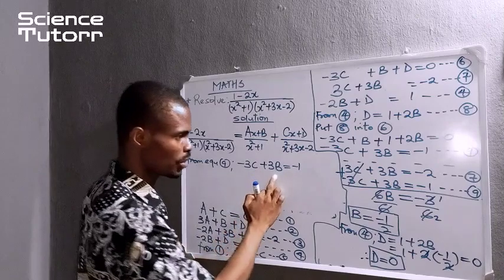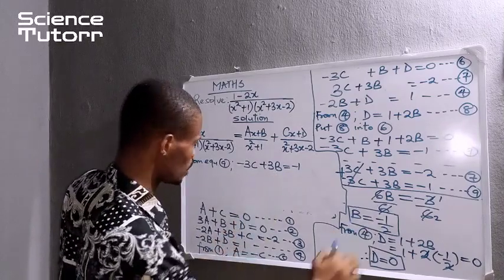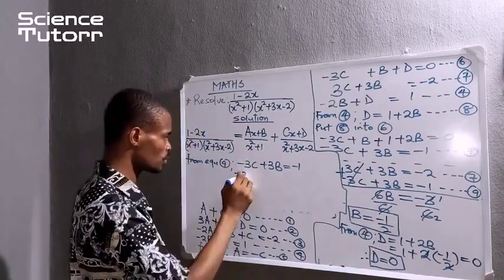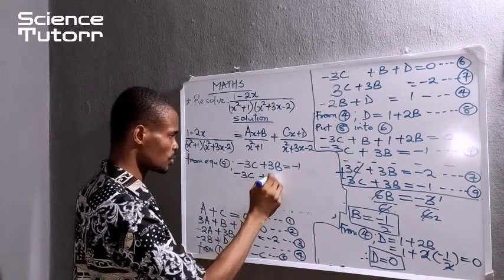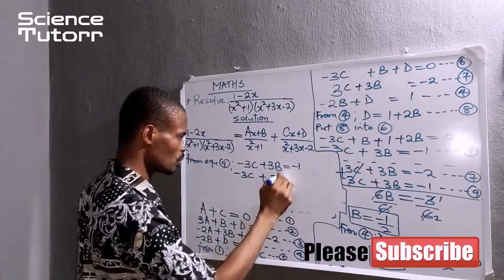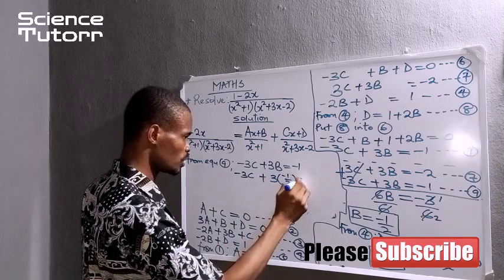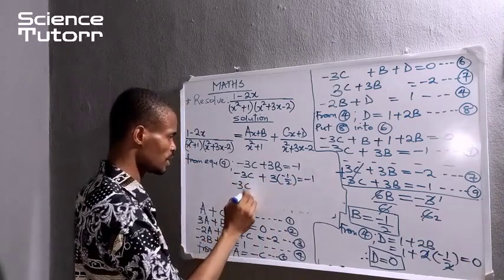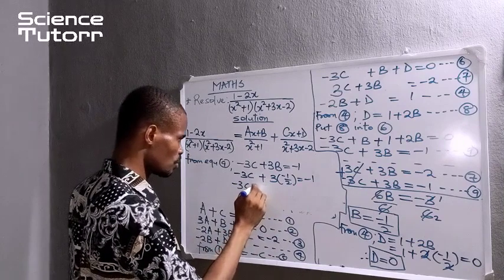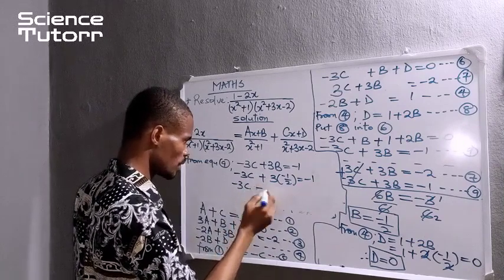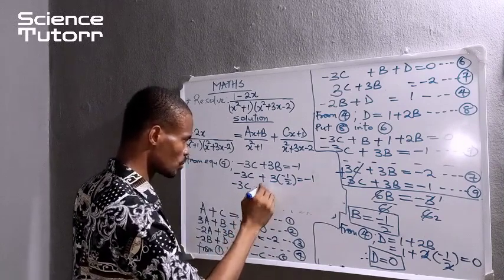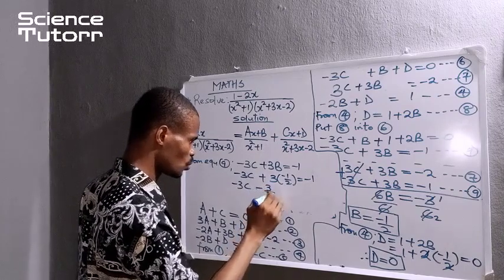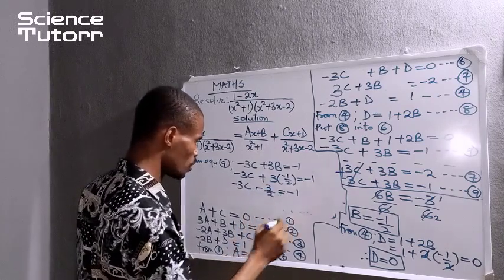Since we have B to be minus 1 over 2, so minus 3C plus 3 into minus 1 over 2 is equal to minus 1. So we have minus 3C plus minus 3 over 2 is equal to minus 1.